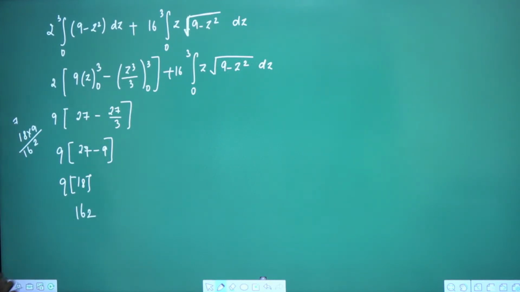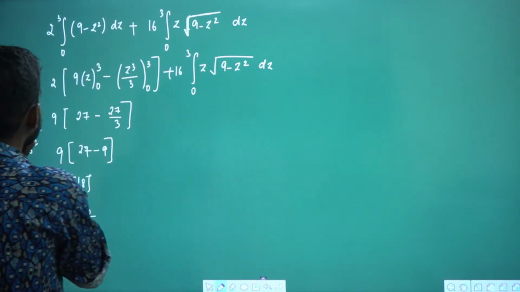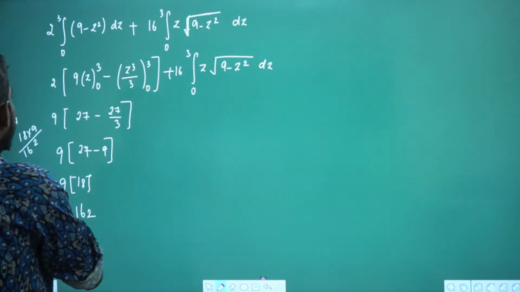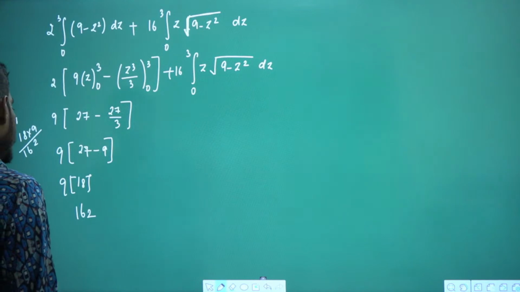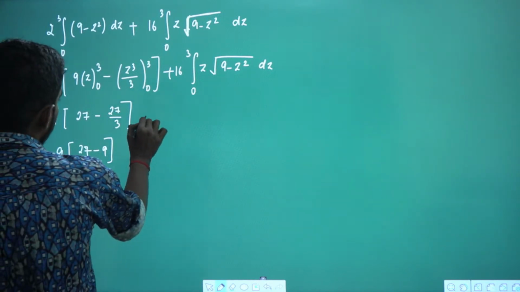So this will be 162, right? So 3 cube is 27 minus z cube by 3, 0 to 3. So 3 cube is 3 square is 9, 18. Yes, now we need to perform this integral.